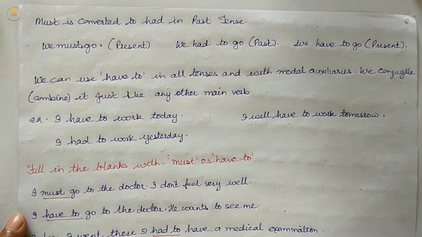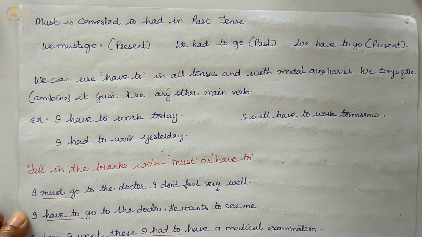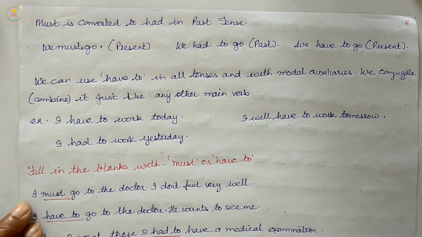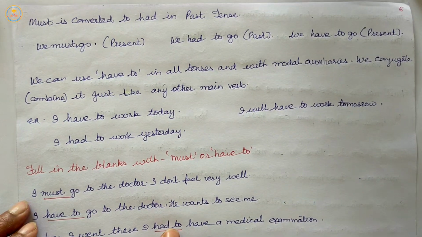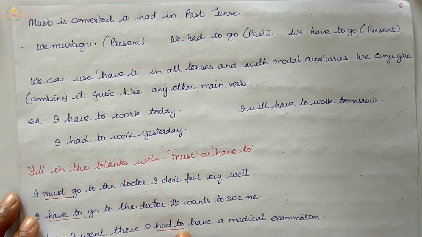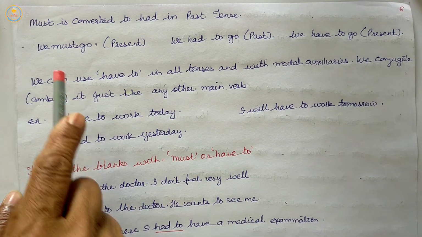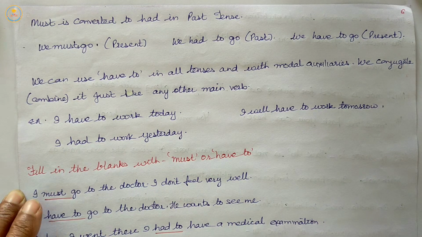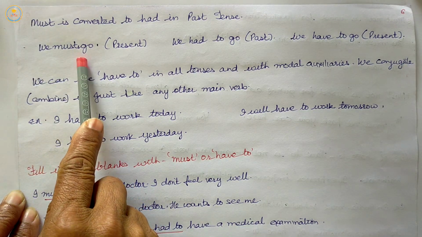Must is converted to had in past tense. We have read that must is used in present and future but not in past. So, in past, we will convert must to had. We must go.